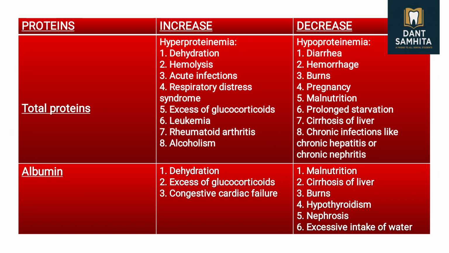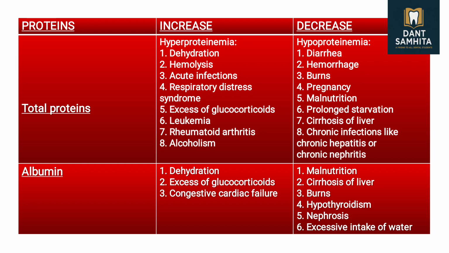This chart will give you very clearly when these things happen. The first thing is total protein. When does it increase? That is hyperproteinemia, in case of dehydration, hemolysis, acute infections, respiratory distress syndrome, excess of glucocorticoids, leukemia, rheumatoid arthritis and alcoholism.